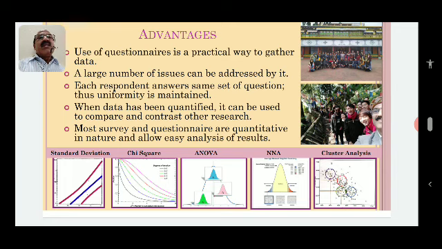Each respondent answers the same set of questions, thus uniformity is maintained. So all the respondents are going to answer the same questions. A variable or the parameter is fixed, so we don't change that. So we will get answers accordingly, so that we can enter the data in the same column.